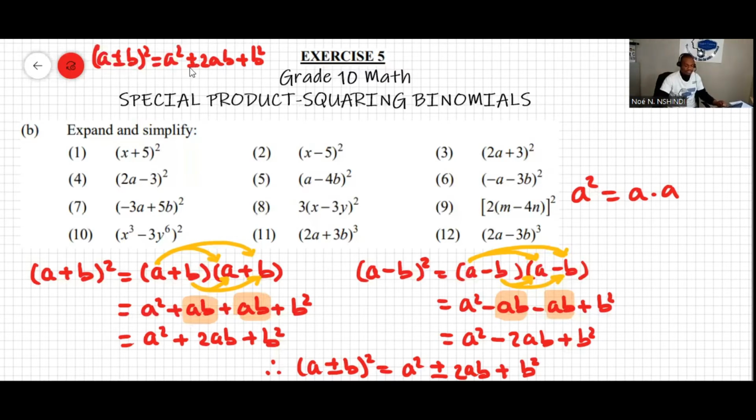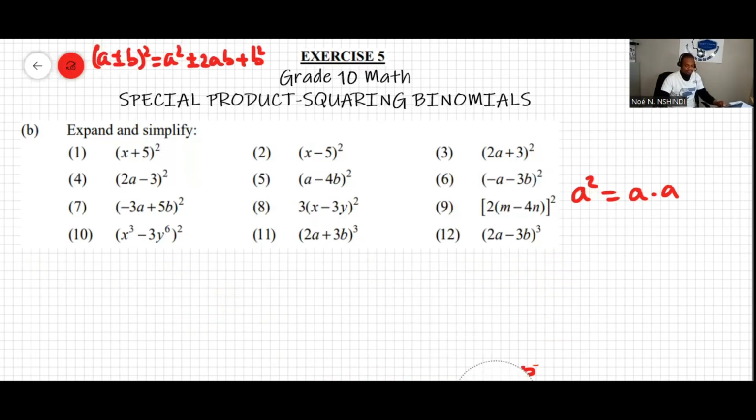Now let's dive into the questions. Here we have question 1. It says x plus 5 raised to the power of 2. If I want to use this formula, I'm going to use the a plus b formula. Note that x here is my a, and 5 here is my b.